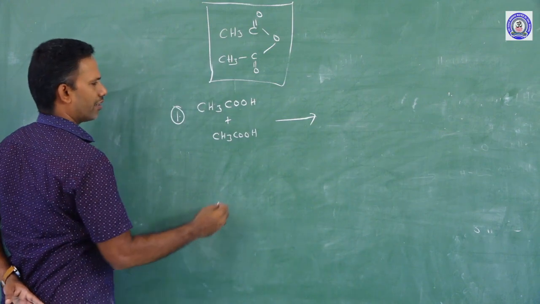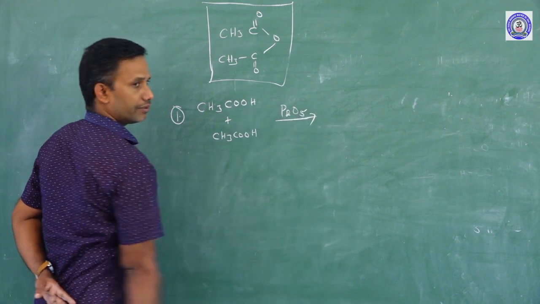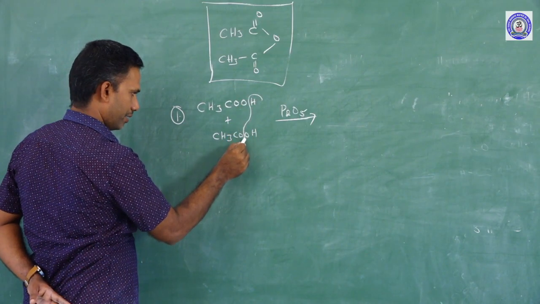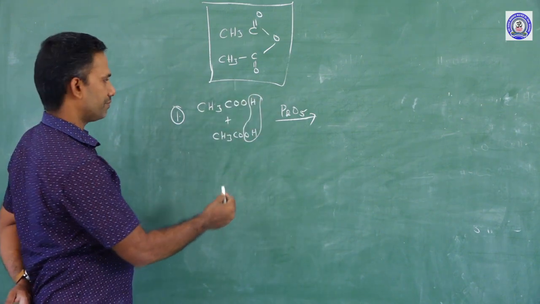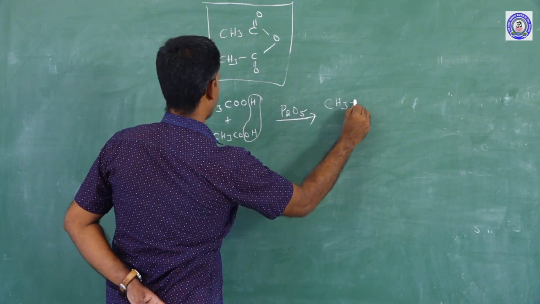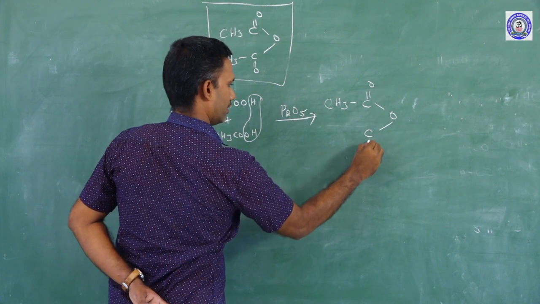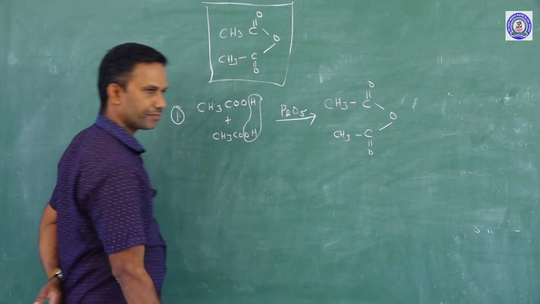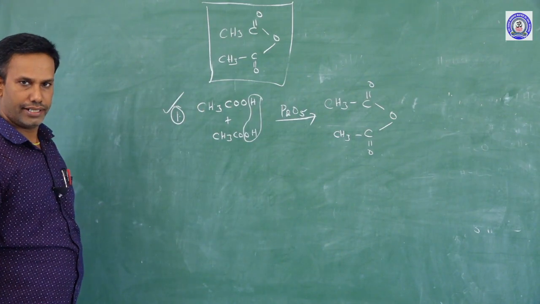When you use a strong dehydrating agent like P2O5, what is happening? Dehydrating means water should be removed. Water is eliminated. So what is left over? CH3 C double bond O, one O, then so, acetic anhydride. This is the first method of preparation of acid anhydride.